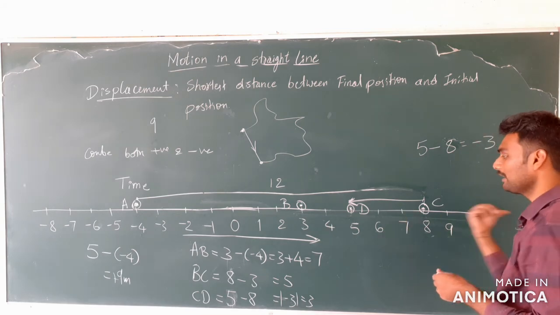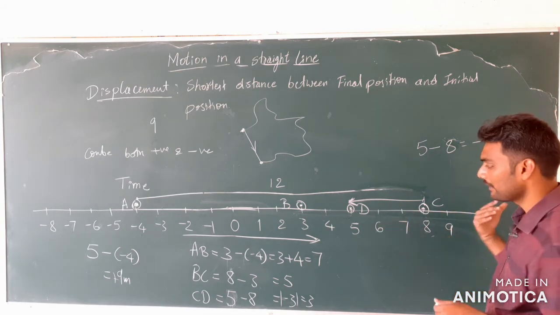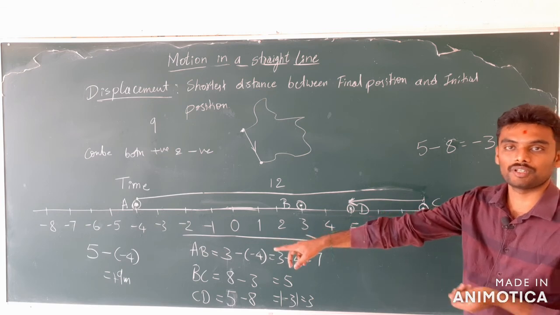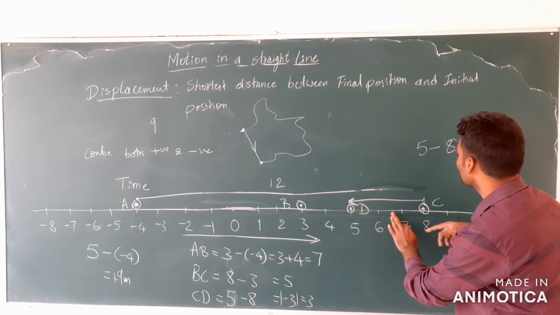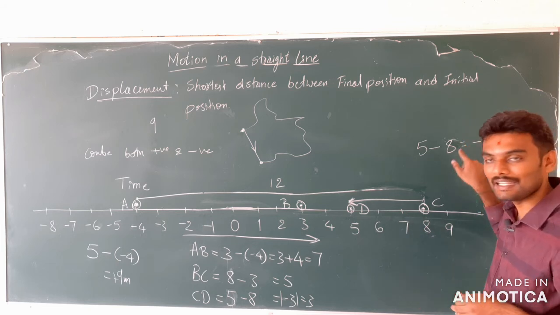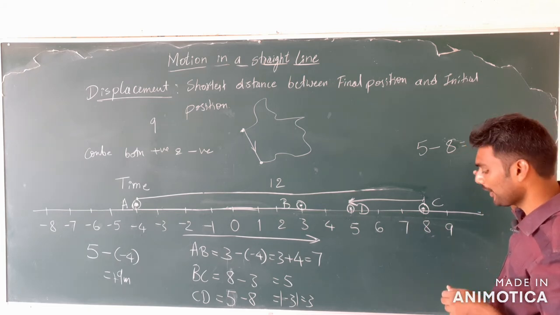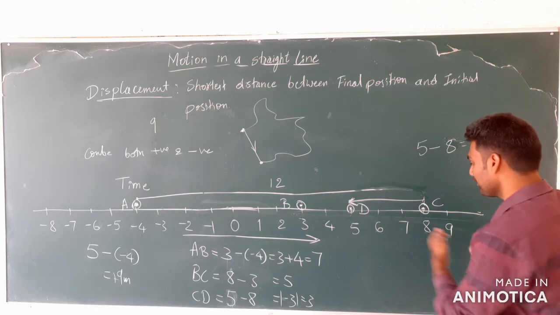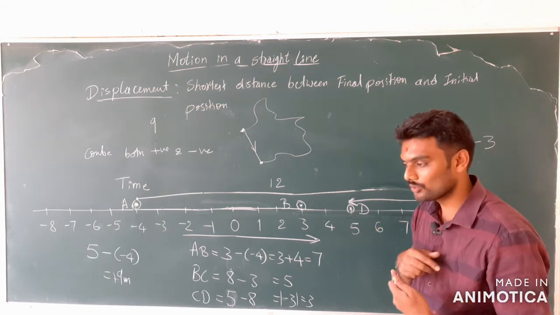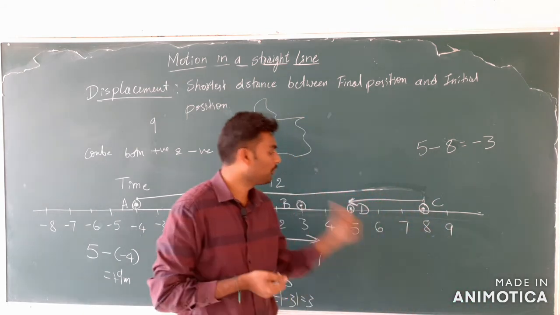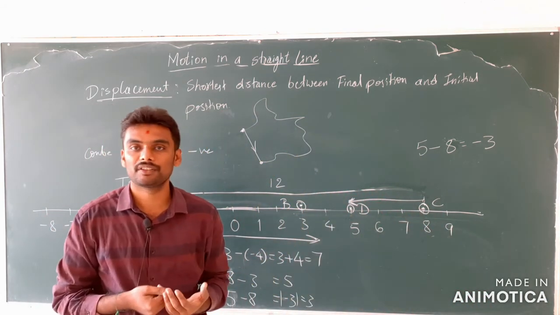If it has moved to the right, which is the direction of the coordinate system, then it is a positive number. Since it has moved to the left, the displacement is taken as negative, which is minus 3 meter. Clear with this? Why minus 3? Because the body has moved to the left or in the opposite direction of the given coordinate system.